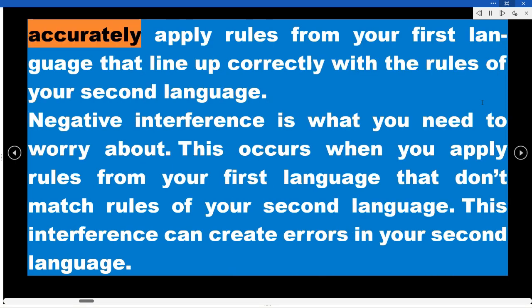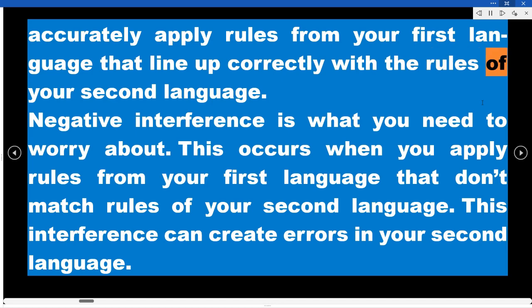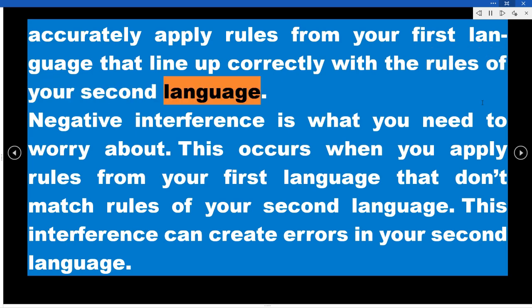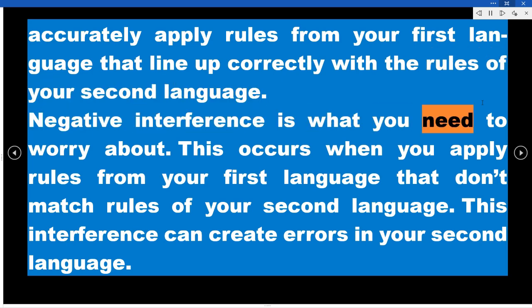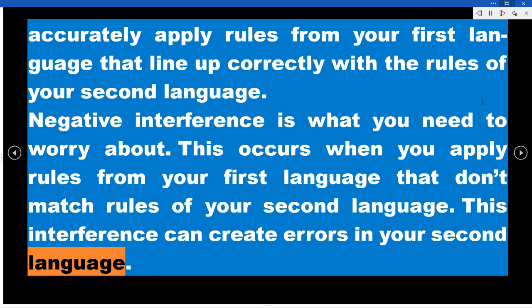This occurs when you accurately apply rules from your first language that line up correctly with the rules of your second language. Negative interference is what you need to worry about. This occurs when you apply rules from your first language that don't match rules of your second language. This interference can create errors in your second language.